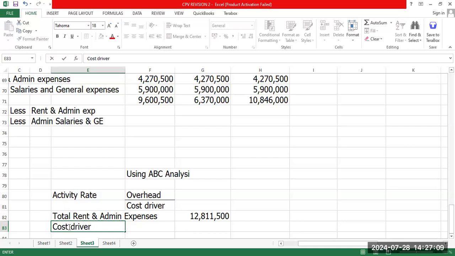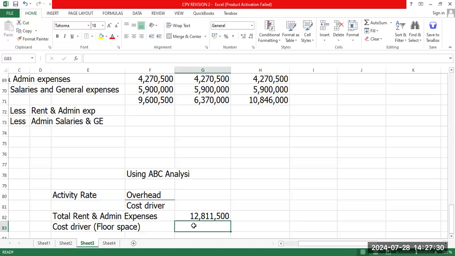In the question, they said, what is the cost driver? How do we allocate rent and admin expenses? This is based on the what? Floor space. And the floor space, it was given as 50, then you have 30 square, then you have 70.